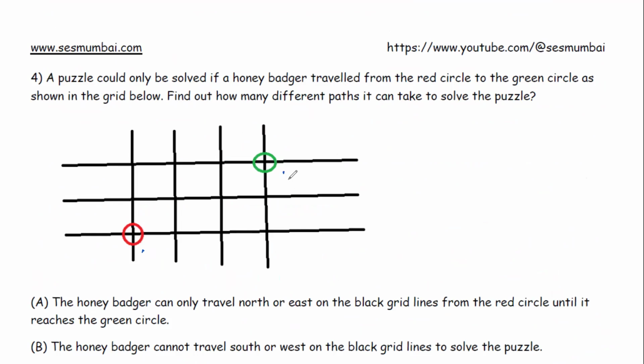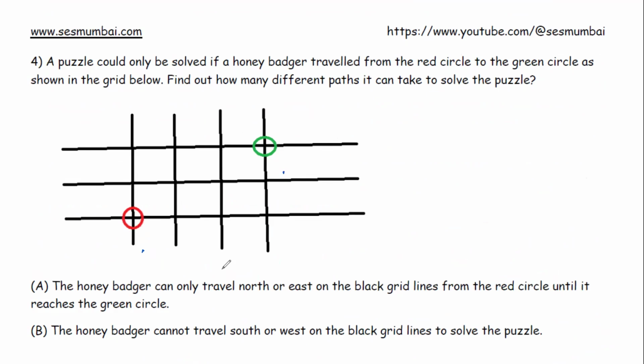So the honey badger can only travel north or east on the black grid lines from the red circle until it reaches the green circle. So how many different paths can it take? So instead of wasting time doing 1, 2, 3 like that, remember it can go only north or east.